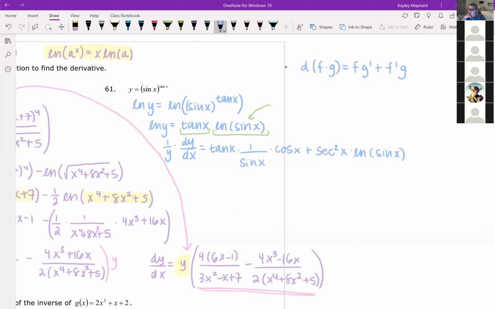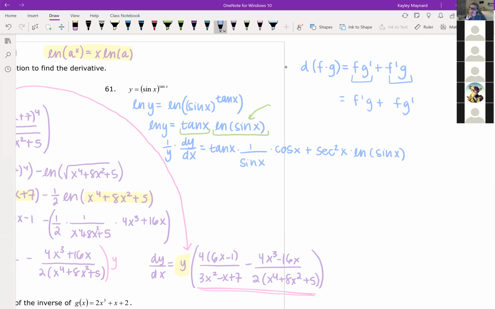If you did that in the opposite order, you'll get the same thing. That's because multiplication is commutative and so is addition. So it doesn't matter. You could literally do f prime g plus f g prime. Doesn't matter what order you do it in, as long as you do both steps.